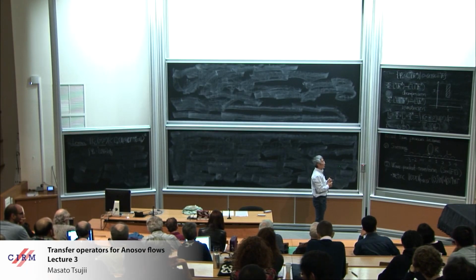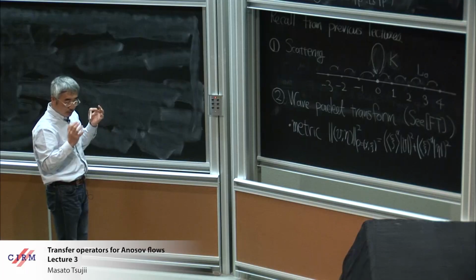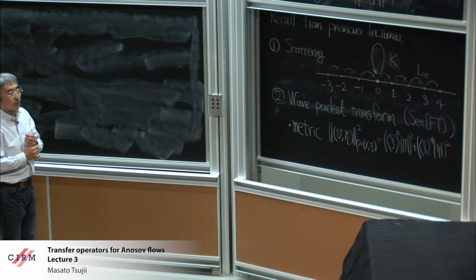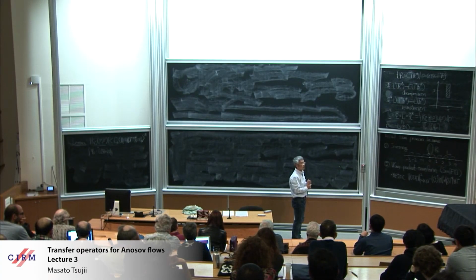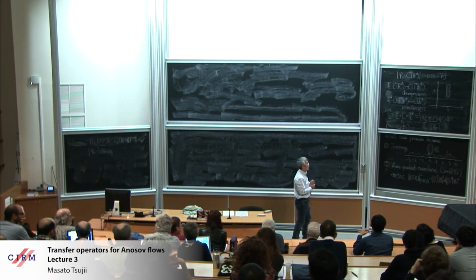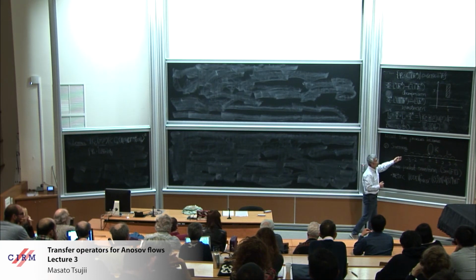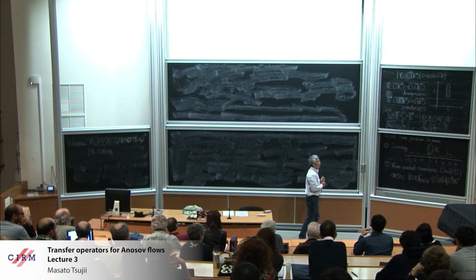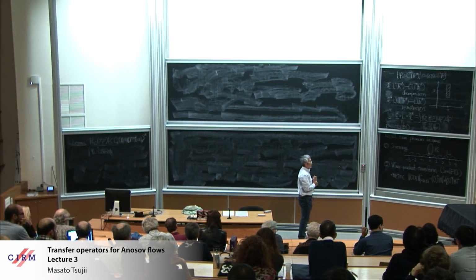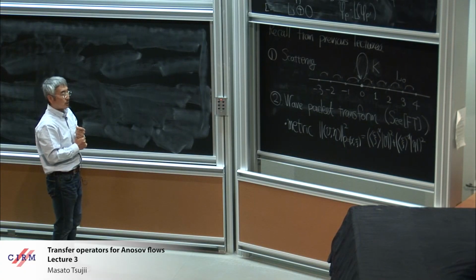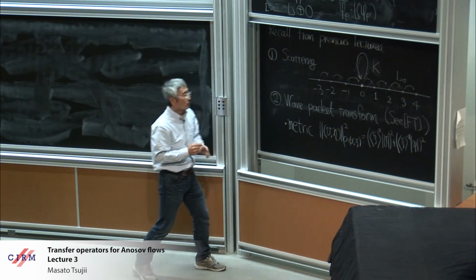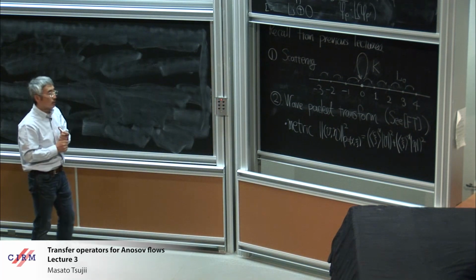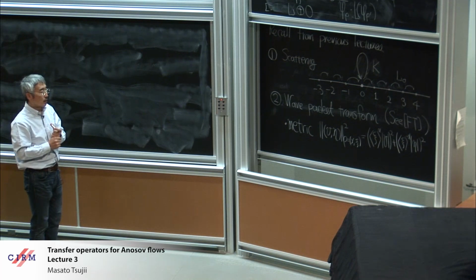And then I want to show that actually if you consider a transfer operator for an Anosov diffeomorphism or some hyperbolic diffeomorphism, then we can find this structure. This is what I would like to claim. And for this, I introduce some wave packet transform. Actually, wave packet transform is quite a general framework in functional analysis.